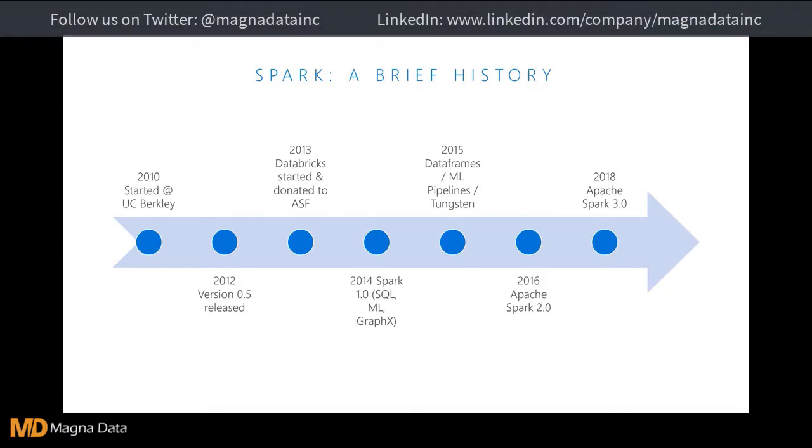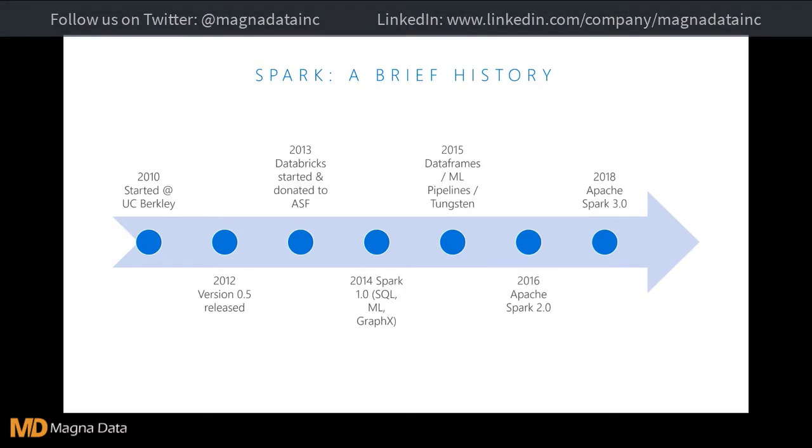And one of the reasons why is because Databricks was a company that was started by the original contributors, authors of the Apache Spark project. So very tightly woven there. 2014, Spark 1.0 was released, including things like Spark SQL, ML, and GraphX.